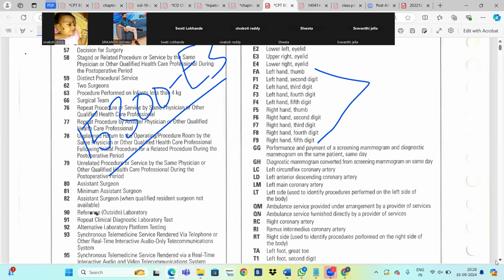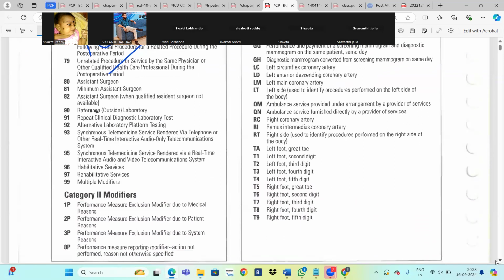So come to T series. TA to T9, same guys. If they're done for fingers, F8 to F9. TA to T9, toes. If they did a procedure on toes, you need to give TA to T9.